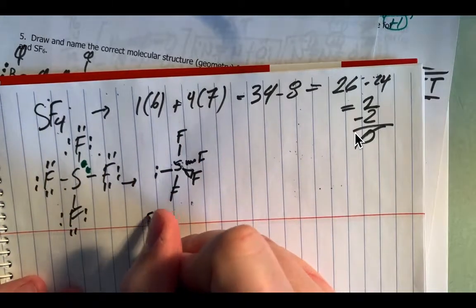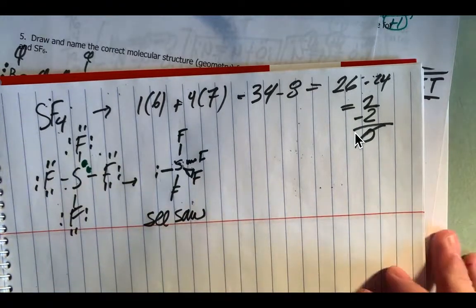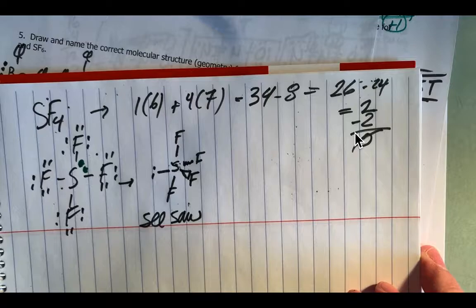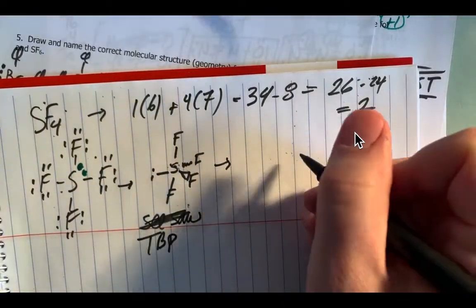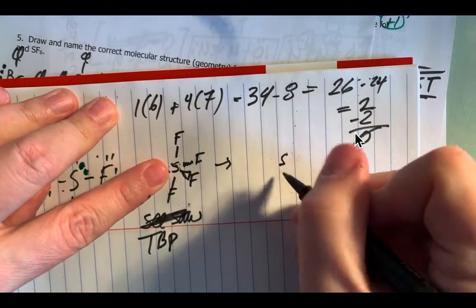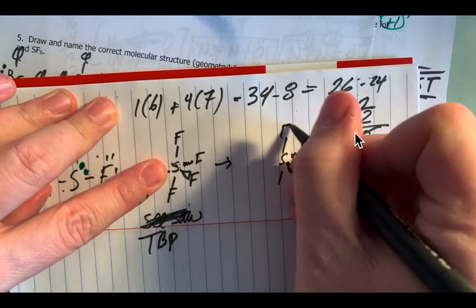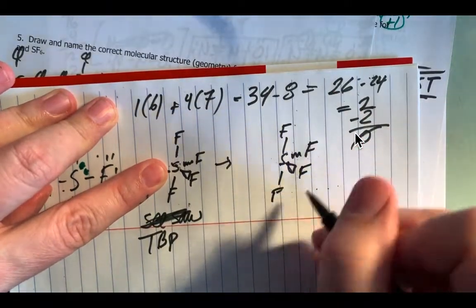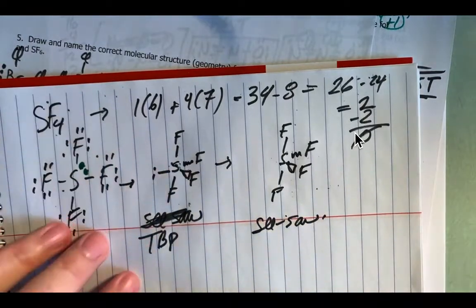Oh, sorry. Trigonal bipyramidal. Cover up the lone pair. And now it becomes a seesaw shape.